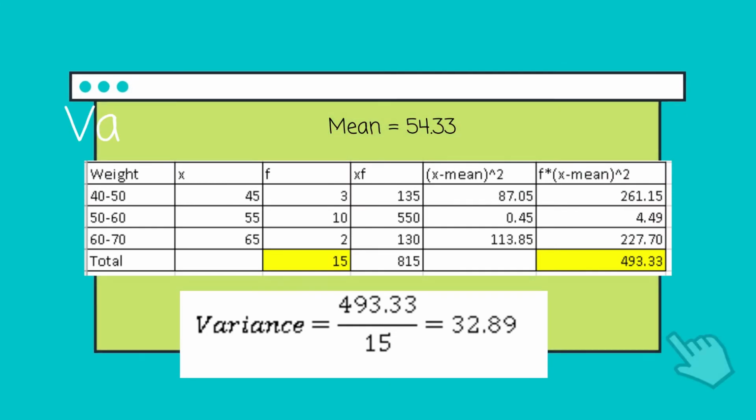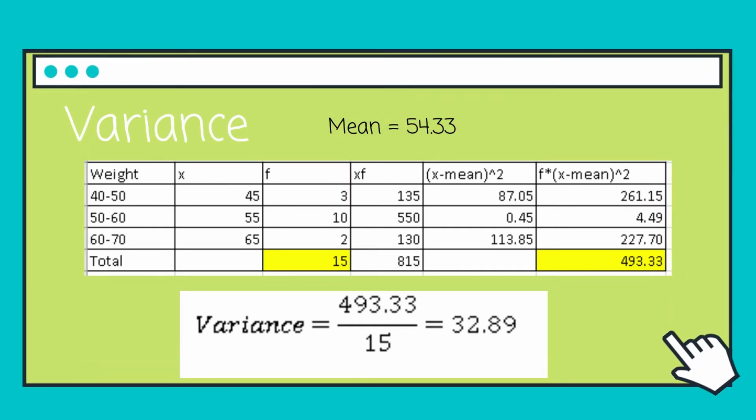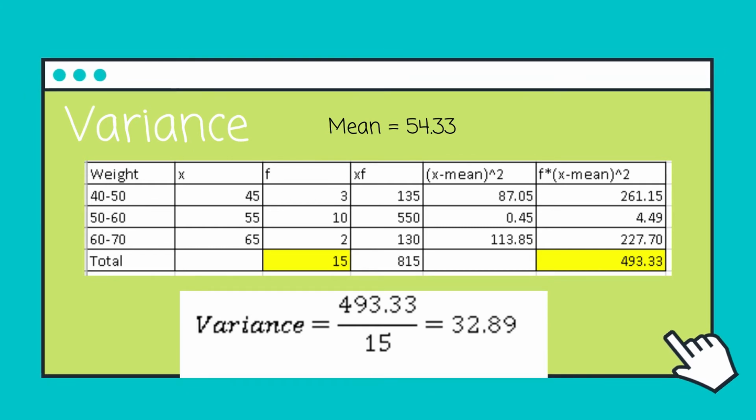Once we have the mean, which in this case is 54.33, we subtract the mean from the marked class and square the result.